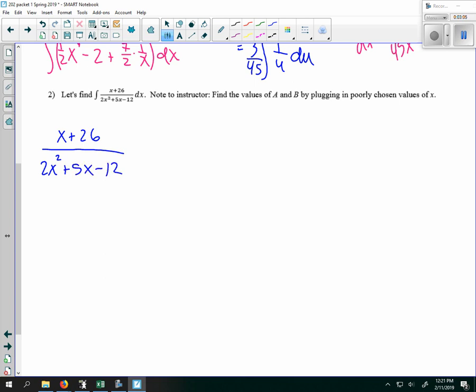I want to rewrite it as a sum of two fractions, and I want the denominators of those fractions to be the factors of my current denominator. So this is going to factor to 2x and x.